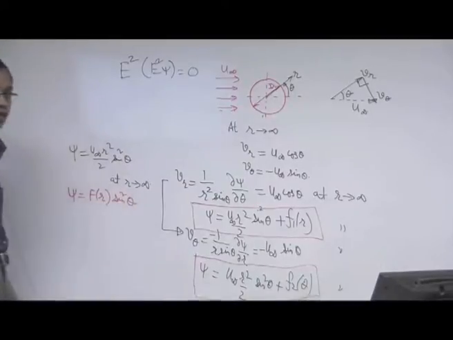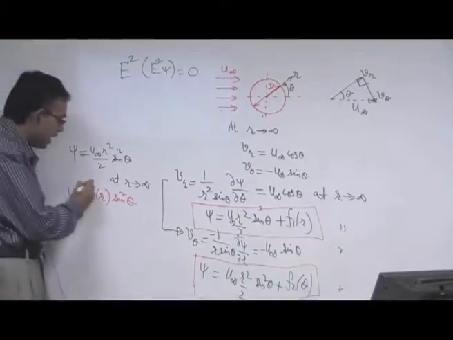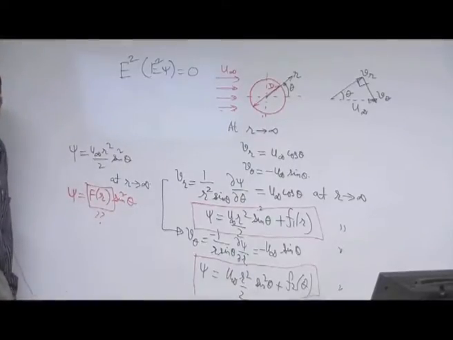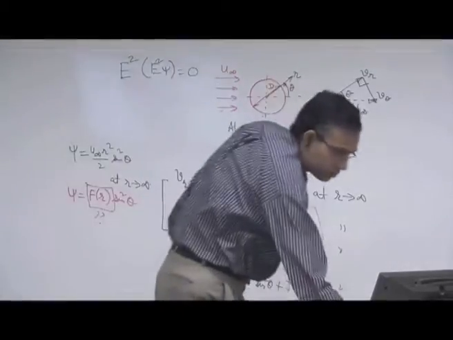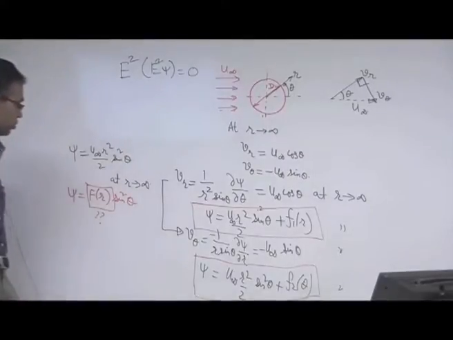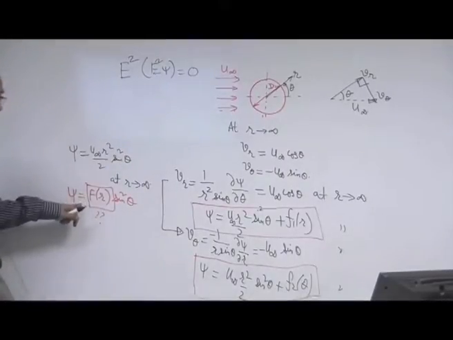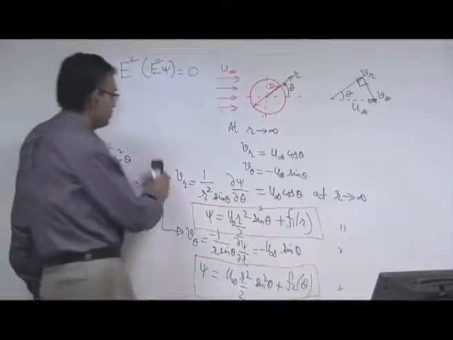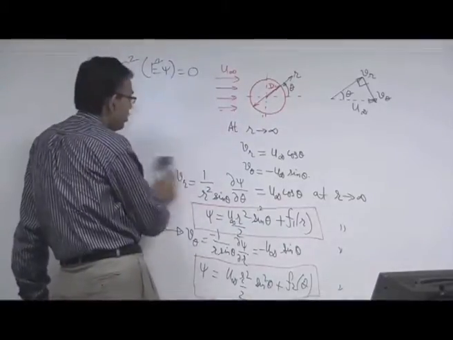This is the form of the solution that we are expecting. This function of r we have to figure out. To get this function of r, we will now use the governing equation E square of E square psi equal to 0.